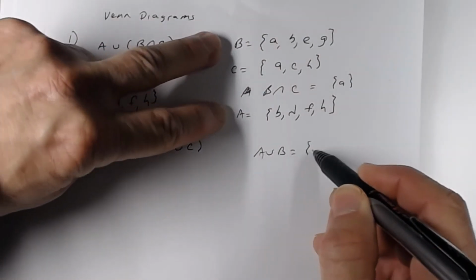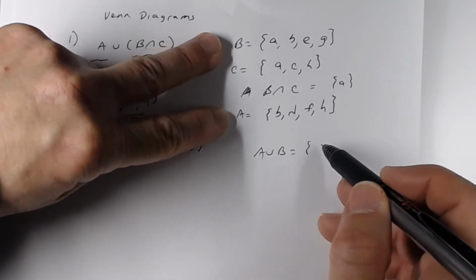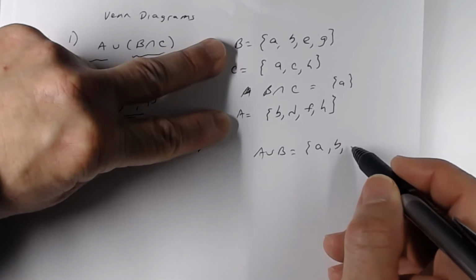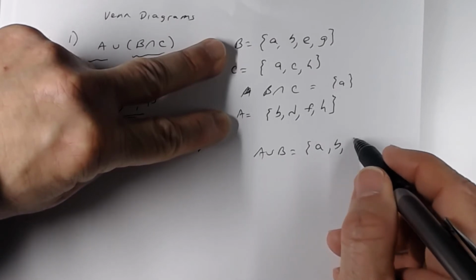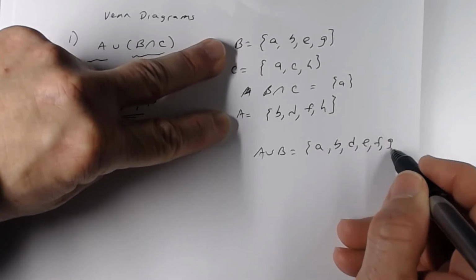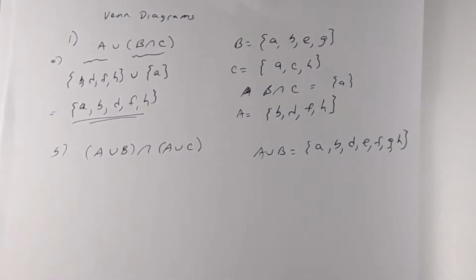So here's A, and here's B. I'm going to put them in alphabetical order. So I have A, B, D, E, F, G, and H. Do y'all agree? Okay. And notice that one of them is listed in both, so you only list it once.